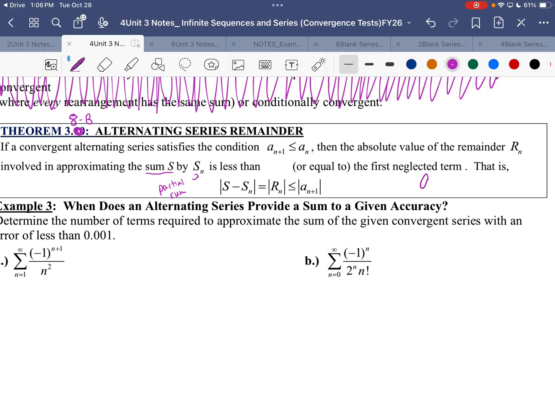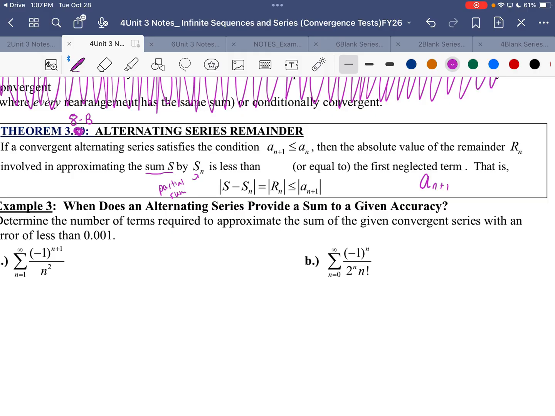Like if I stopped on the 5th term, adding up the first 5 terms, the first neglected term is the 6th term in the series. So it's like the next term.